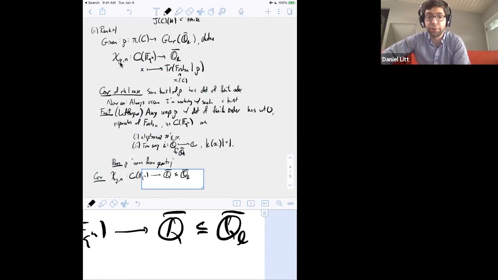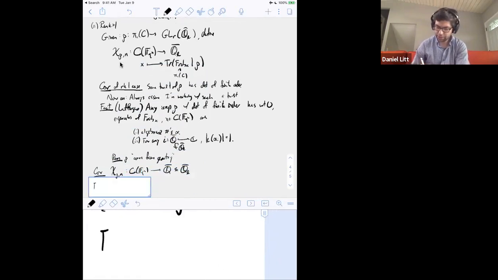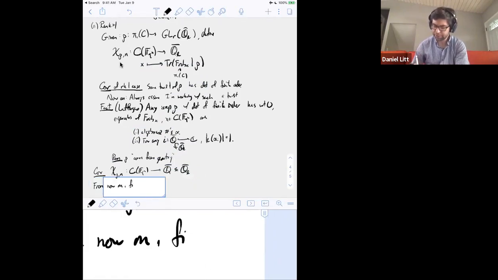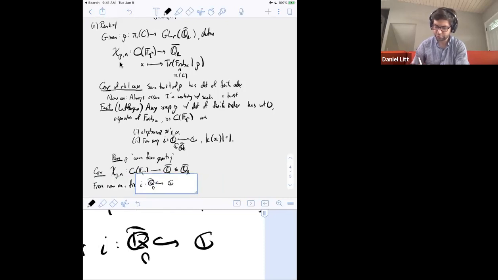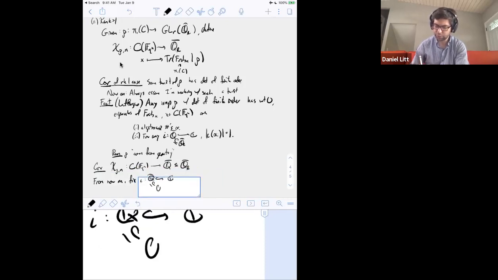Because if the eigenvalues are algebraic numbers, so are the traces. Okay. And from now on, I want to use the complex numbers. So I'm going to fix some embedding ι of Q bar into C. And here I'm thinking of Q bar as the algebraic numbers inside of Q_ℓ bar.